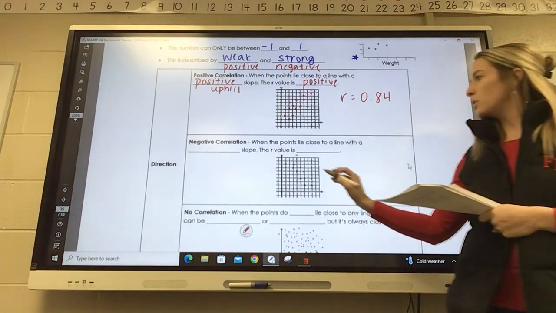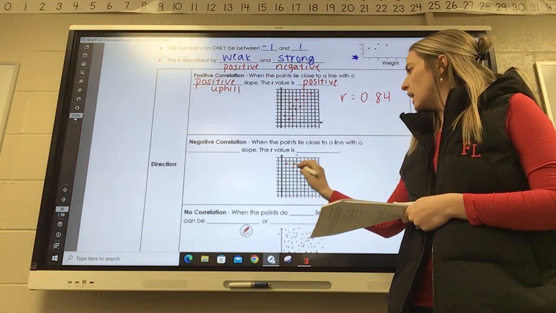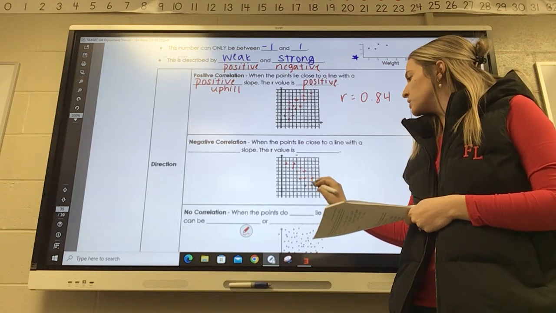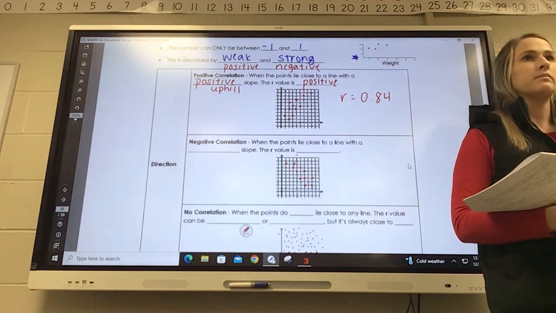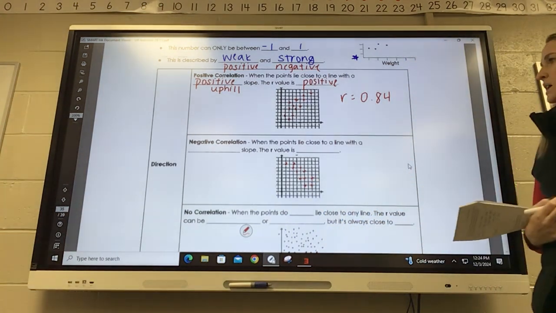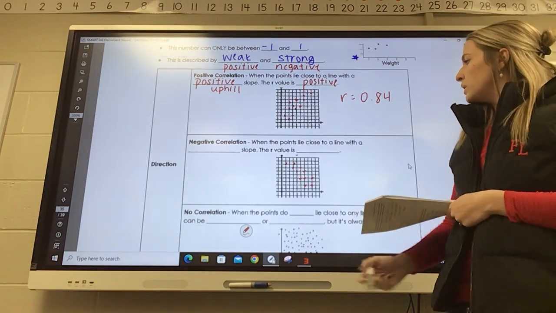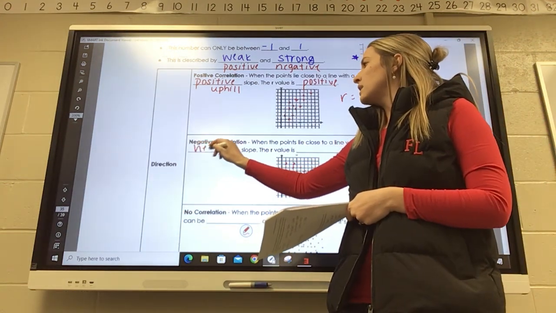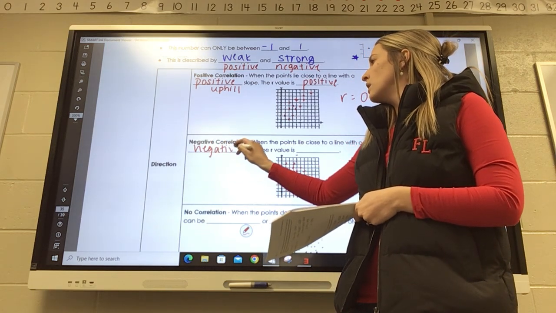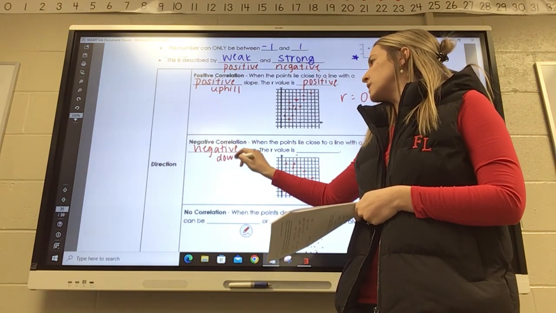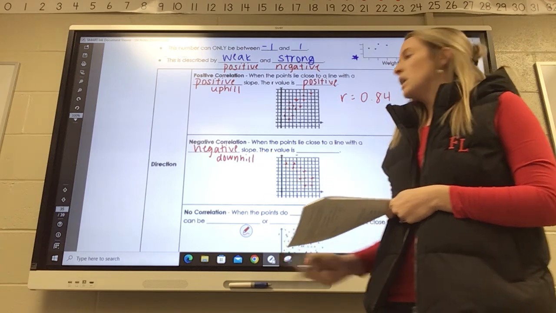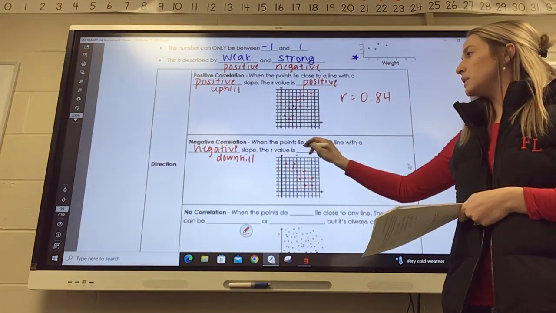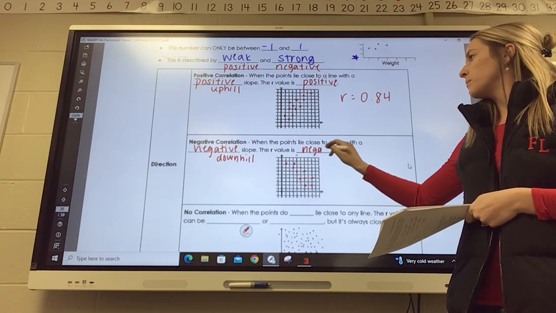So a negative correlation, if we take a look at those dots, what do you notice about these dots compared to the other ones for your positive relationship? Yeah, they're going downhill, so it's negative. So when your points are lying close to that line shape, but now I have a negative slope, or that downhill direction, your r value could be the same decimal, it's just literally going to be a negative number.